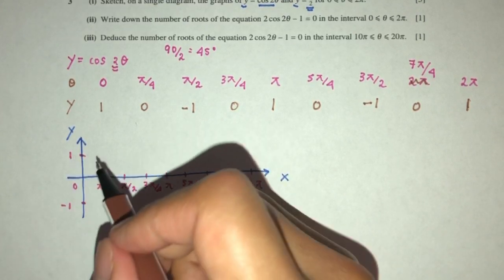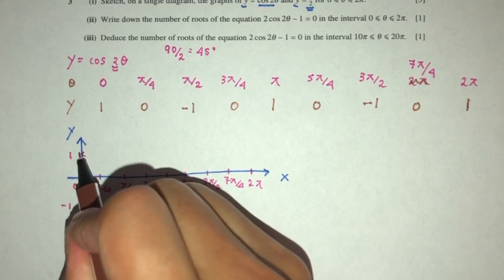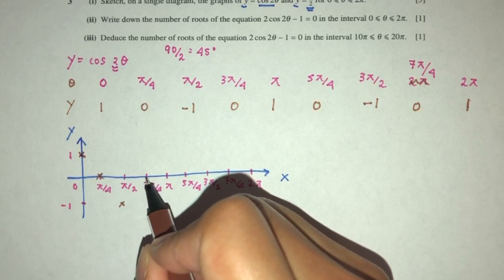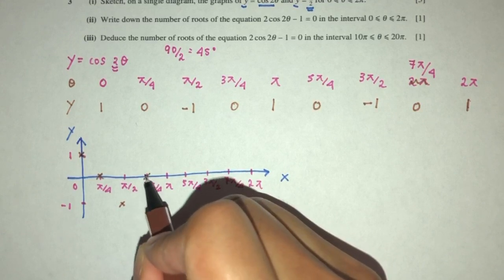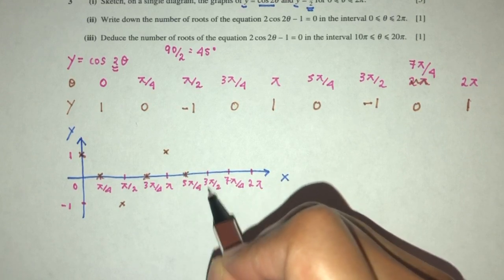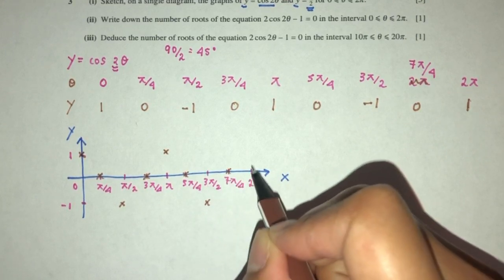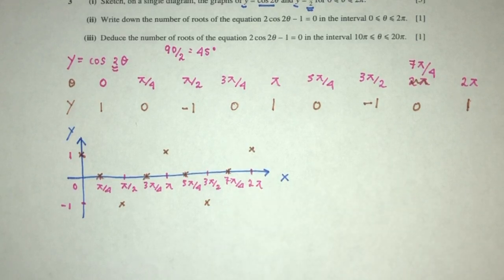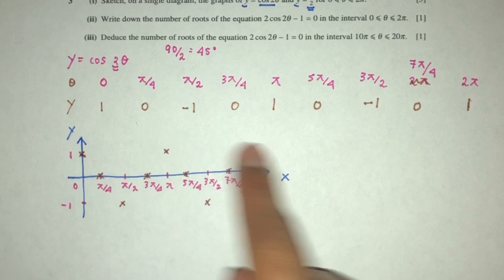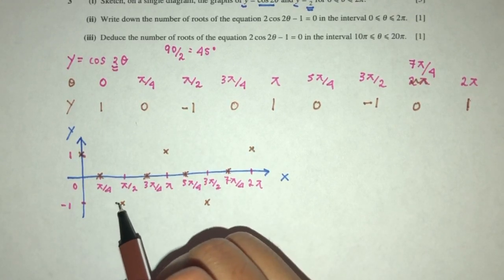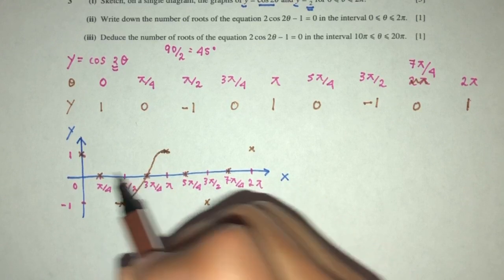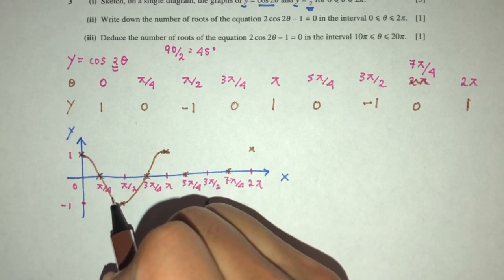So the first point is 0, 1, which should be here, that should be here, and that should be 0 and here. We have this and this. If you use a ruler to make a straight line, that is the best for you, but again, it's only a sketch. I'm trying my best just to freehand this. That should be something like this.